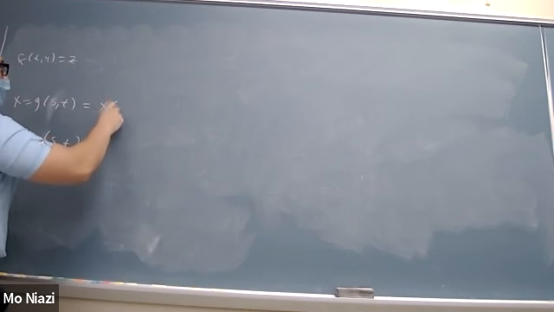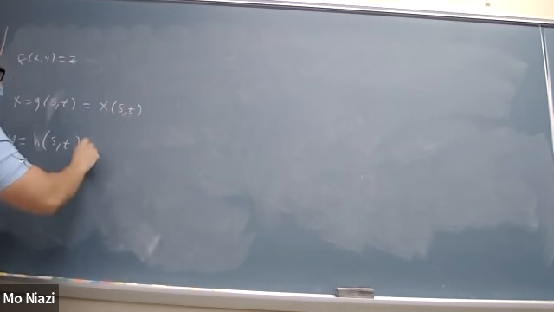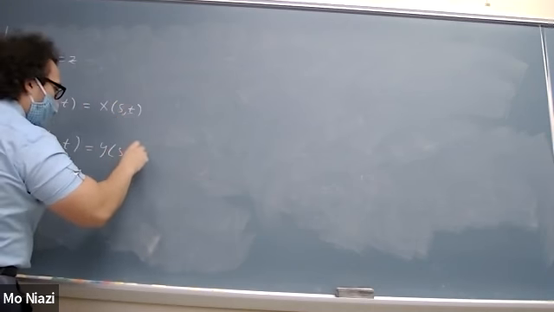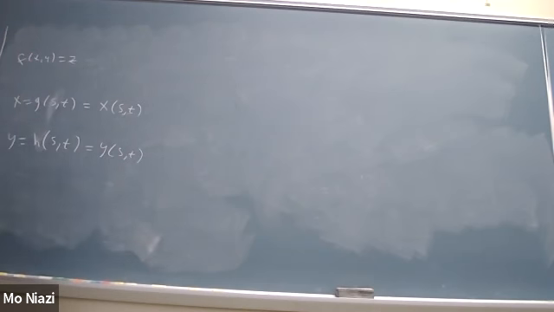So f of x, y is equal to z. X is now parameterized in terms of a function whose variables are s and t. So x is a function of s and t. Y is a function of s and t. So if we want to find what is dz dt or dz ds, what does that mean?